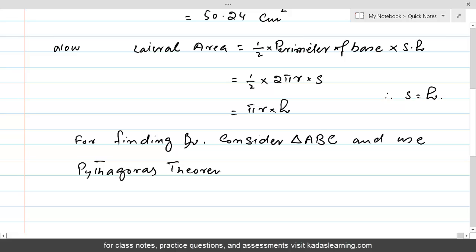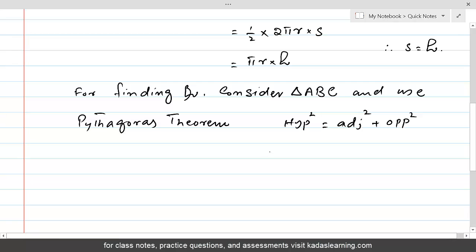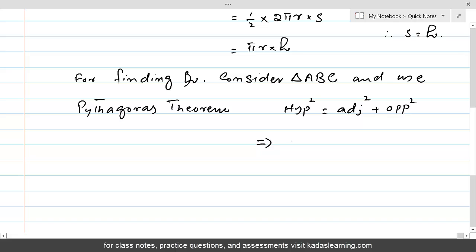And when we use Pythagoras Theorem, we know that hypotenuse square is equal to adjacent square plus opposite square. This means that hypotenuse is h. In this case, this is equal to 4 square plus 14 square.